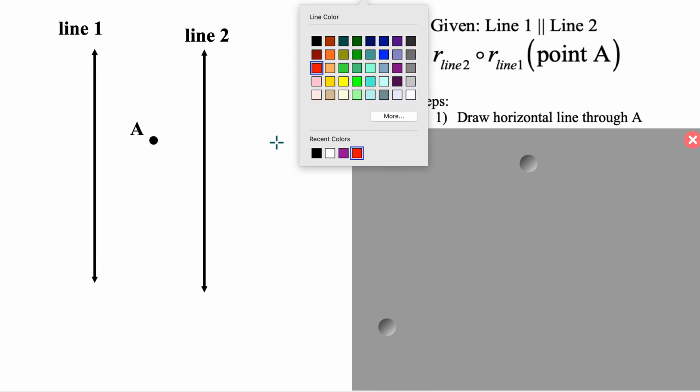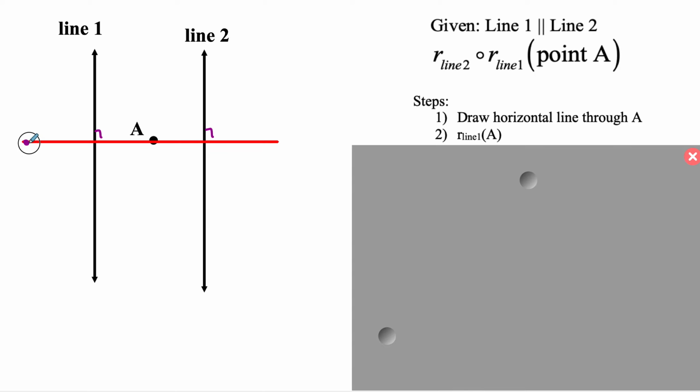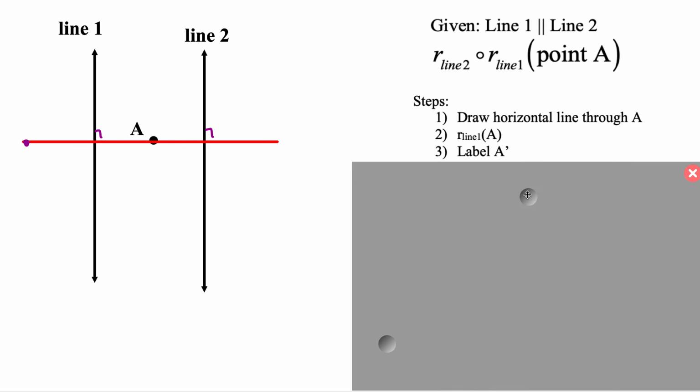So the steps are going to be very similar from problem to problem, but just what you label things is going to be different. The first thing is we're going to reflect the point A over line 1. That's going to end up being over here, and then we're going to label that A prime. Next, reflect A prime over line 2.